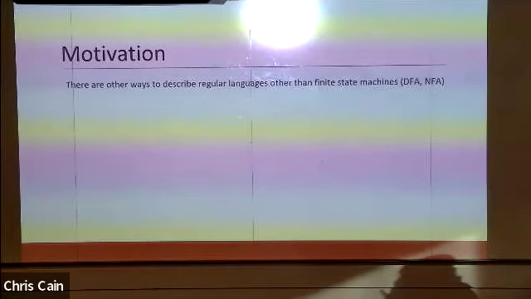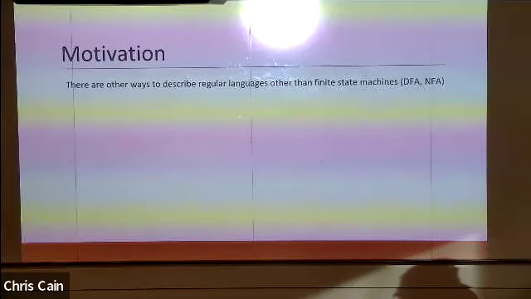So if you could construct a DFA for a language, that language is regular. If you can construct a DFA for a language, then you can also construct an NFA for it. If you can construct an NFA, then you can also construct a DFA. So there's equivalence between DFAs and NFAs. We will find that there are also equivalences between DFAs and regular expressions and regular grammars. So those are the two things that we're going to be covering next.